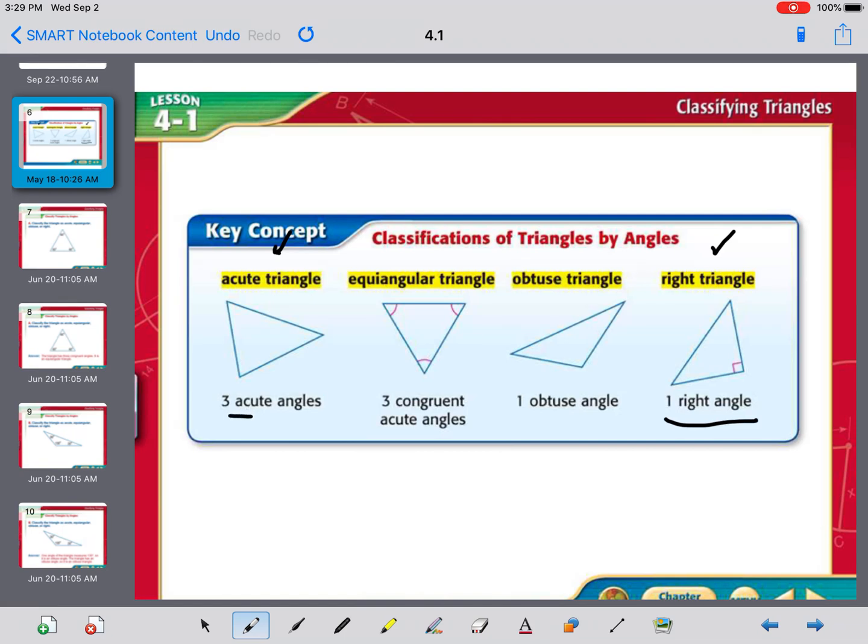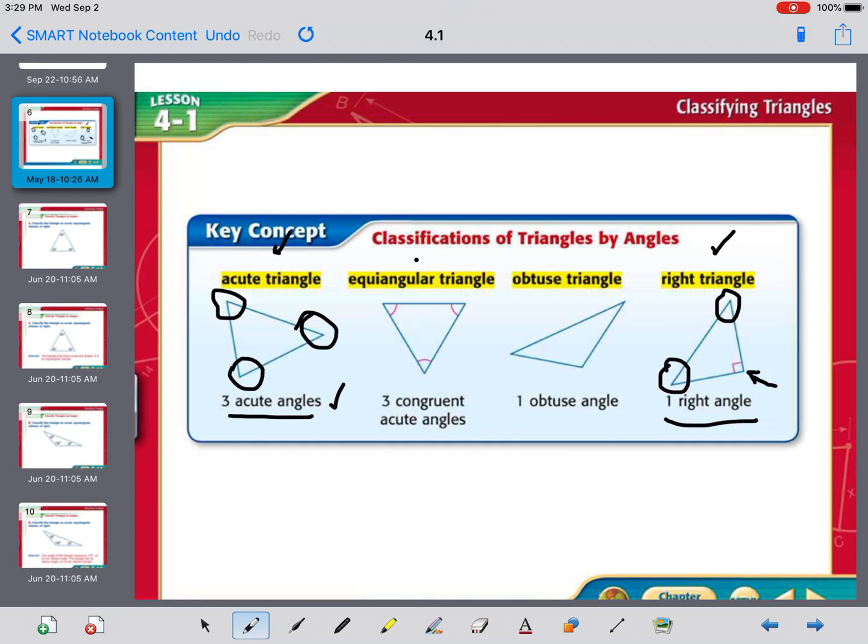I mean, if nothing else, we should probably know already about a right triangle and an acute triangle. A right triangle has one right angle. An acute triangle has all three acute. Now remember what acute is: less than 90. So technically, a right triangle has two acute angles, but we don't call it an acute triangle because it's got this special guy right here, its right angle, which makes it a right triangle.